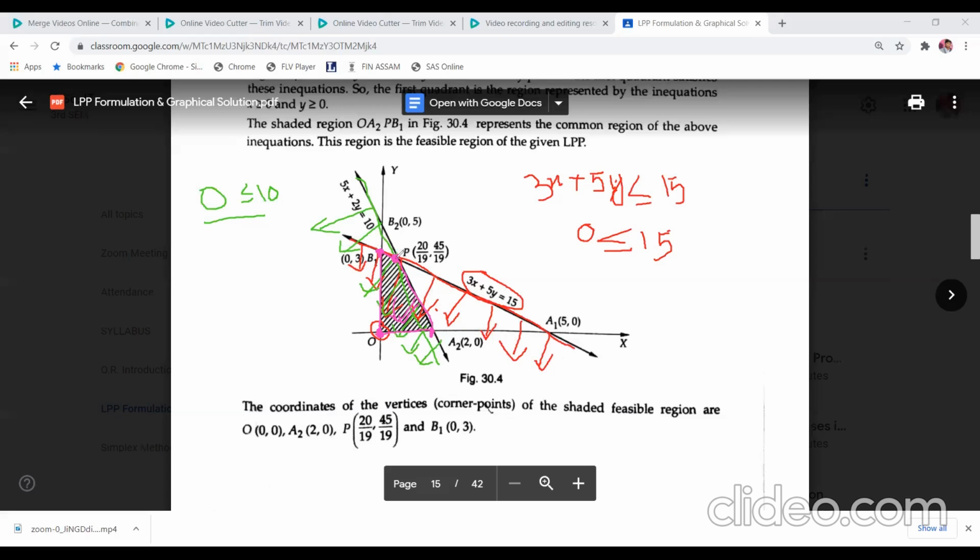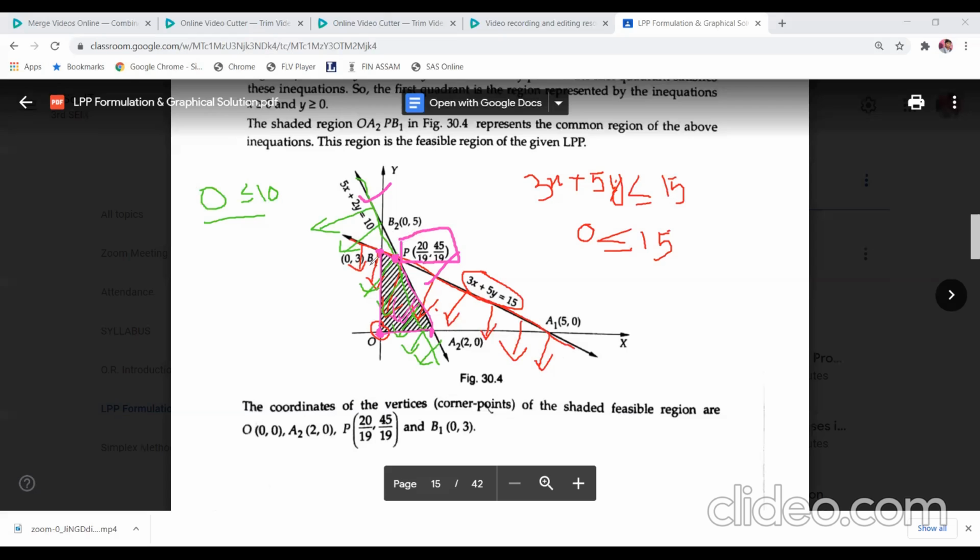Now this corner point is nothing but the intersection of this line and this line. Just solve these two equations and you will get the intersecting point. This is the coordinate.